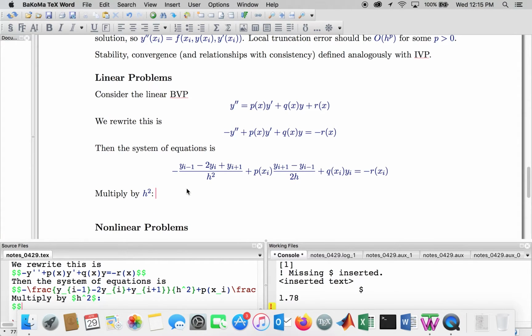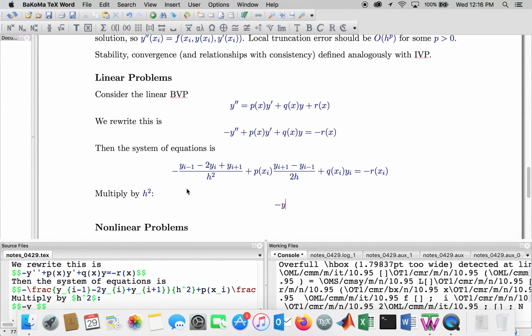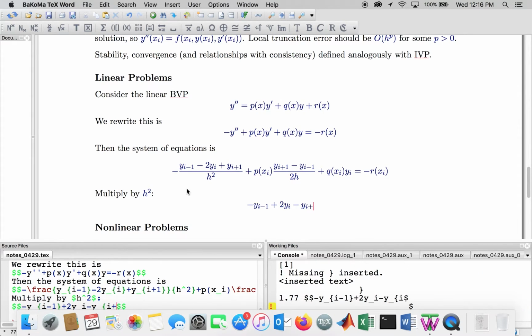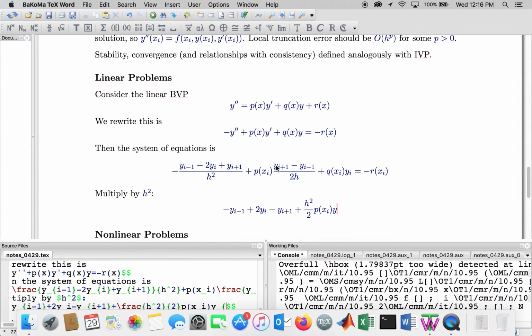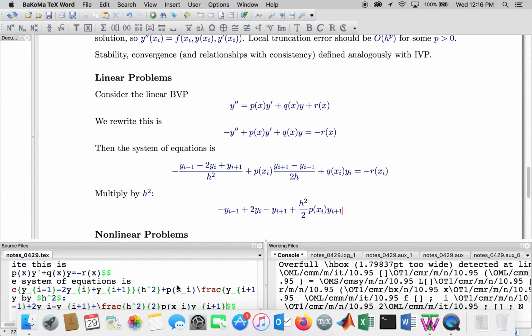So I have minus y i minus 1 plus 2 y i minus y i plus 1, plus h squared over 2 p of x i times y i plus 1, and I also have a similar term for y i minus 1.